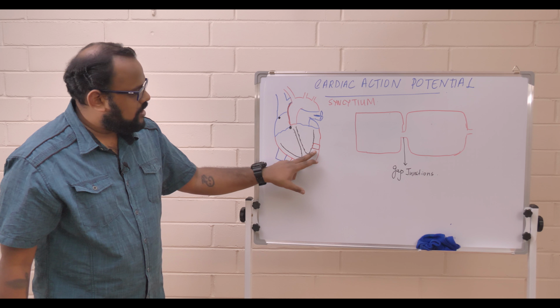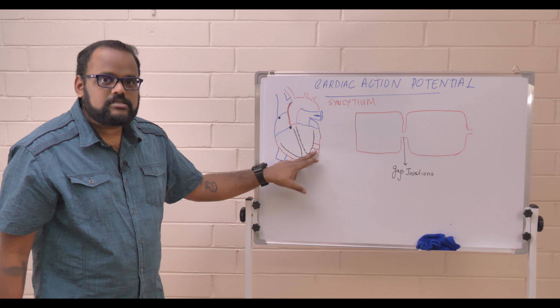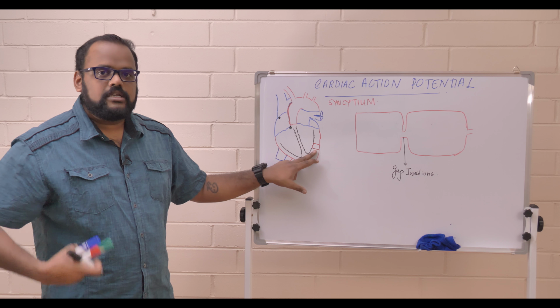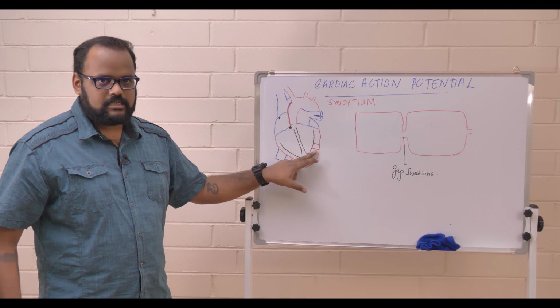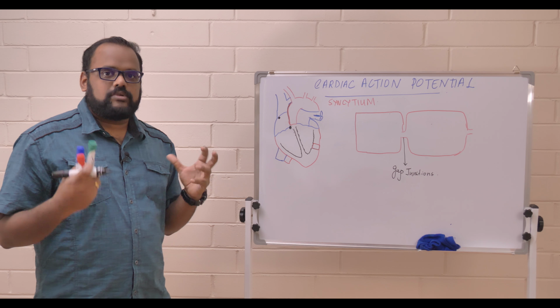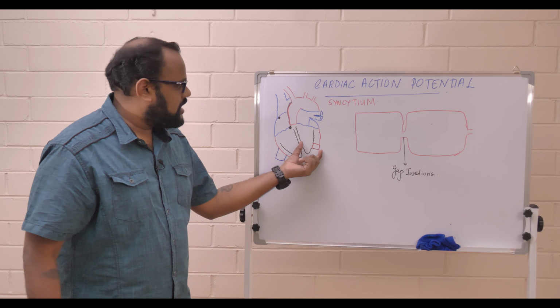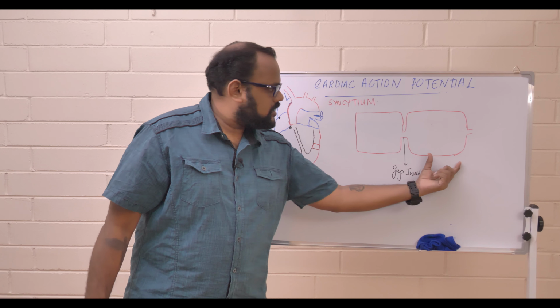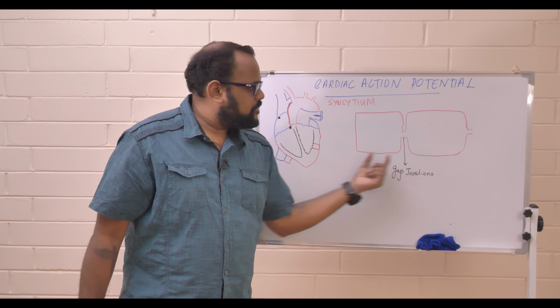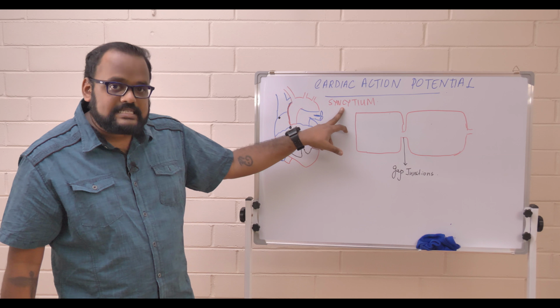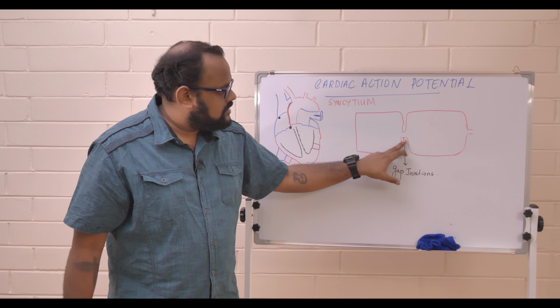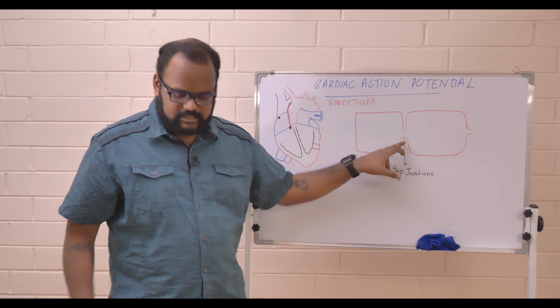Now I'm taking one portion of the left ventricle to see what's happening inside during a cardiac action potential, so that we try to represent it on a graph, which forms the basis of ECG. I'm taking one cell out, and you can see that there are two cells. These cells communicate with each other, so they are called a syncytium, and they communicate by a structure called a gap junction.